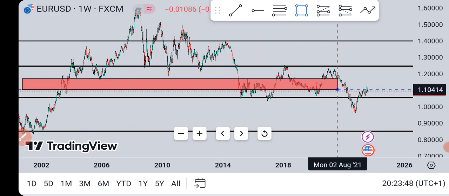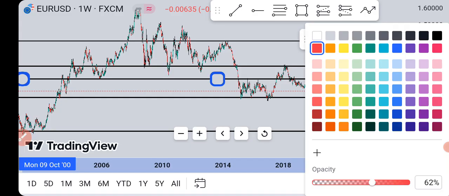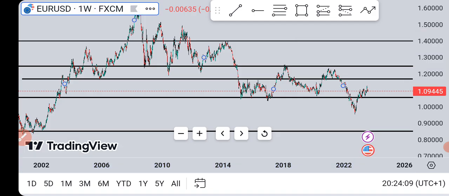Remember, I need to make it very small. So my weekly zones, I mark them with a blue color, so that even if I'm on 4 hour time frame and I see a blue zone, I will know that it is a weekly zone. If I see a red zone, I will know that it is a monthly zone. So I have a weekly zone right here.